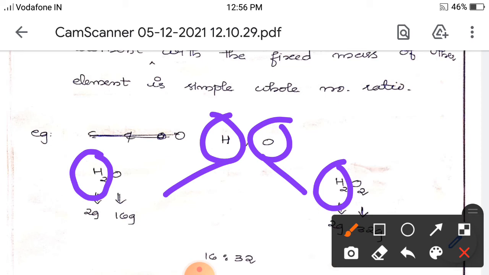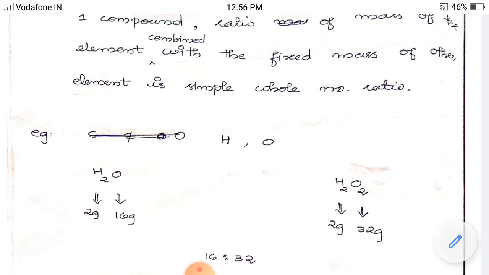And here this H2 is 2 gram, and here also H2 is 2 gram. That is, here mass of hydrogen is fixed. So the concept of this law is that the ratio of mass of the elements combined with the fixed mass of other element is a simple whole number ratio.